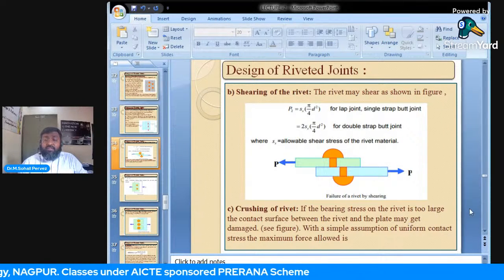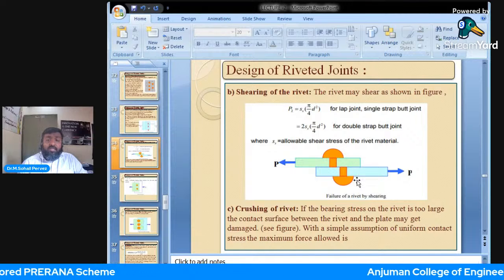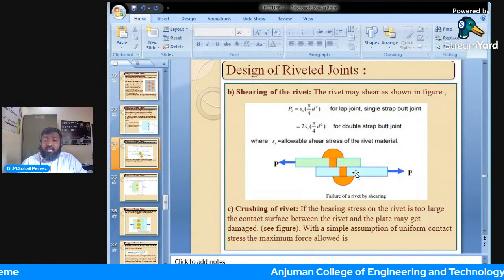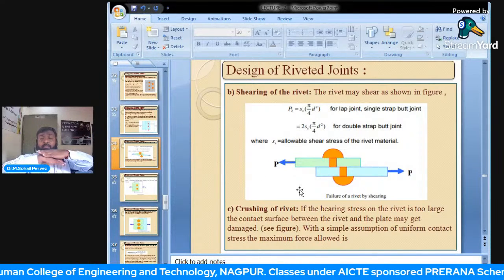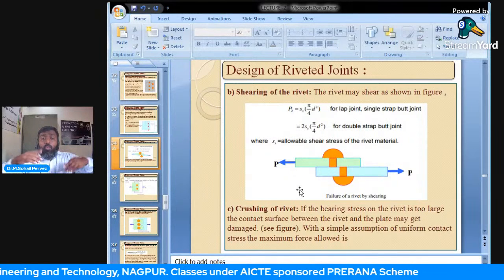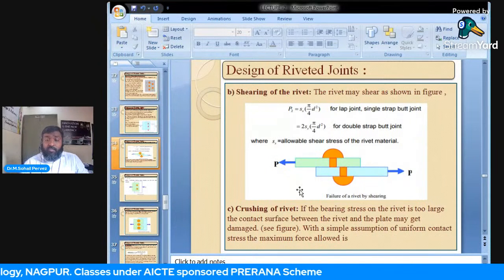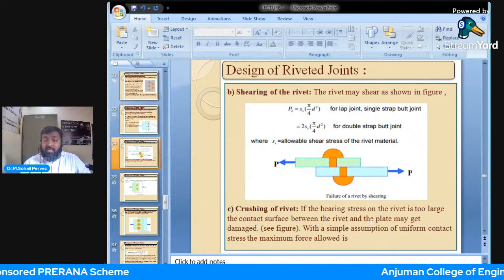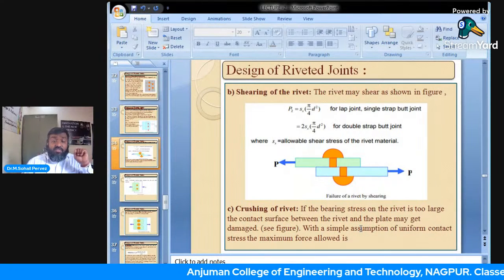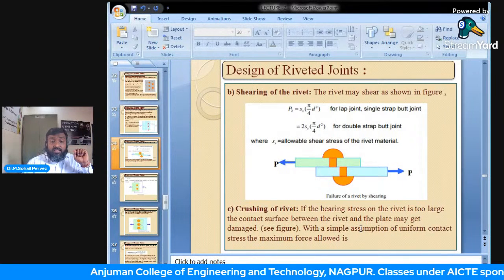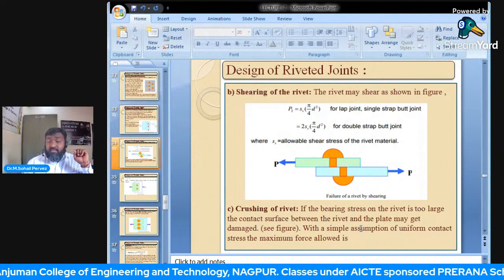So if a rivet is holding two plates, then if shear occurs, this plate will move one portion to the right and this to the left, and the rivet will fail along one single plane. Now see the interface of these two colors. This is one single plane, known as single shear of the rivet. Yes, it is single shear of the rivet.